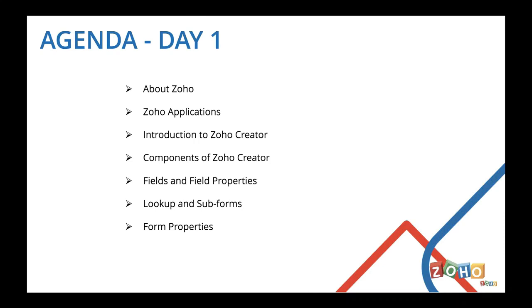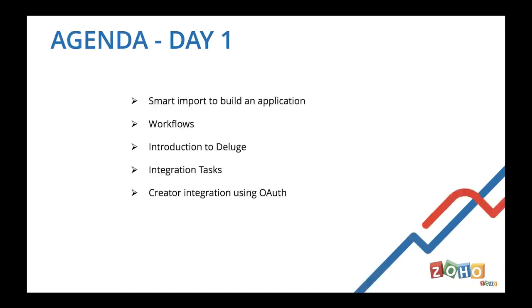We would start out with a little background about Zoho and Zoho's applications, introduction to Zoho Creator, and then we'll be moving forward with the components of Zoho Creator, fields and field properties, lookup and subforms, form properties, smart import to build an application, workflows, introduction to Deluge, which is the proprietary language that is used on Zoho Creator as well as a lot of Zoho applications, integration tasks, and ending with Creator integration using OAuth. So these are the different topics that will be covered.